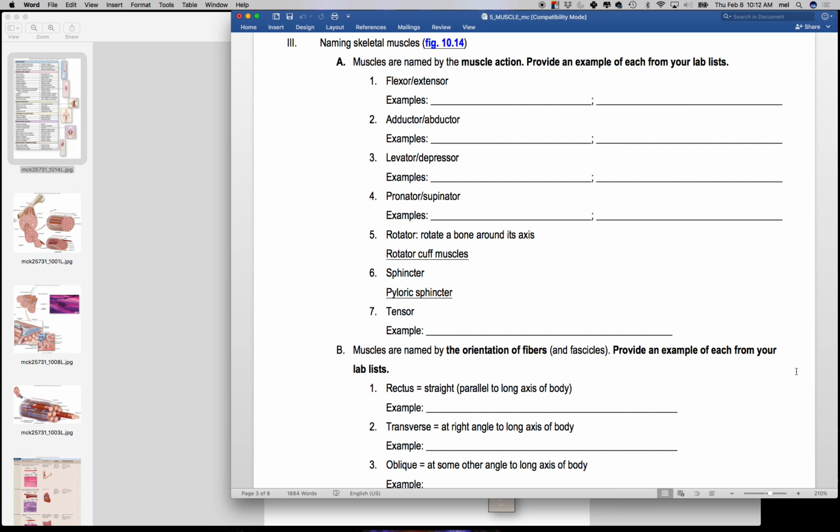And then sphincters. You're not learning sphincters now, but you're definitely going to this semester. A sphincter is a muscle that encircles a tube, okay? And when they contract, they will close the tube, and when they relax, they will open the tube. And you have sphincters closing right now, or else you would be peeing down your leg, right? Skeletal muscle sphincters, which allow you to control when you urinate. It takes the first few years of your life to get control of them.